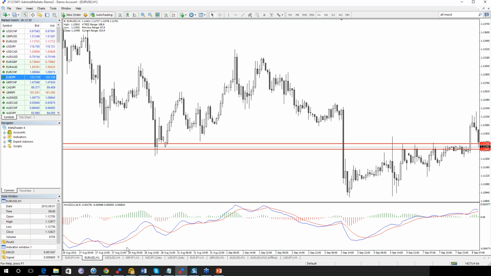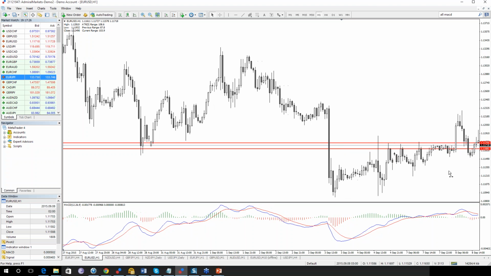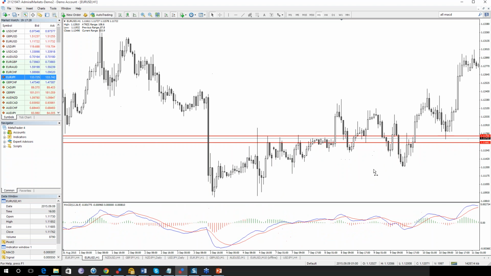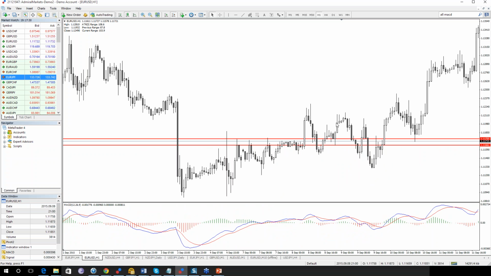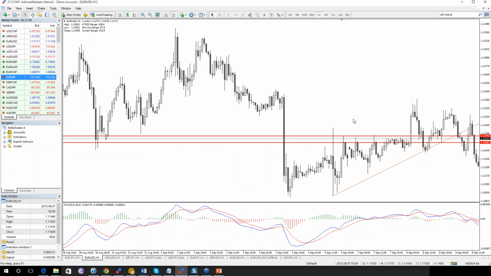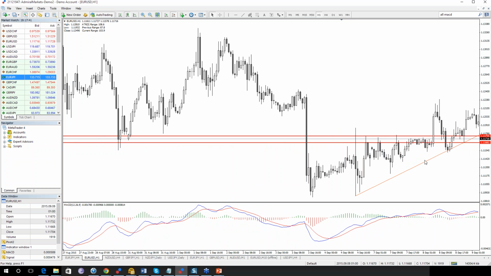Keep it simple. Okay, so rejections, and look at this now. And in the future, what happened? Guys, look. Eventually, yes, this was rejection. But of course, by using the previous concept of drawing trend lines, you can say that this zone was indeed resistance. But I have an ascending trend line. I was talking about trend lines.